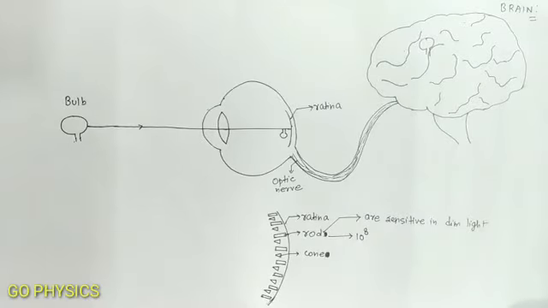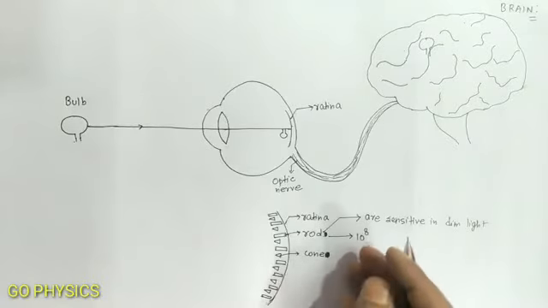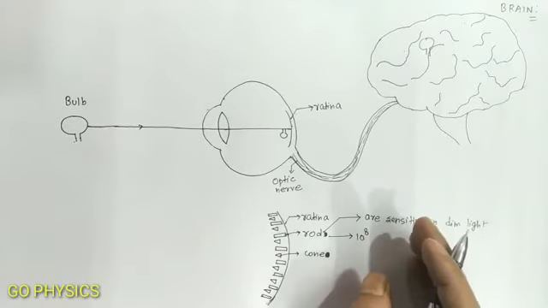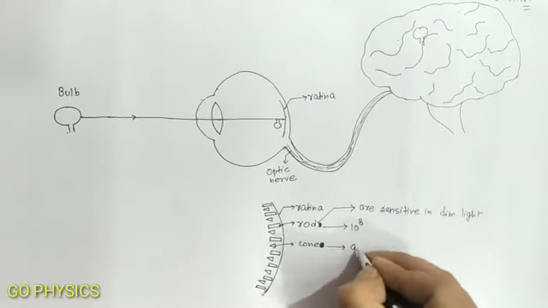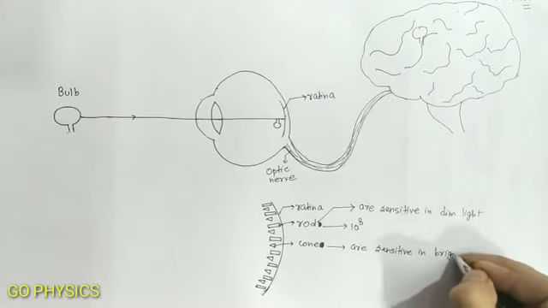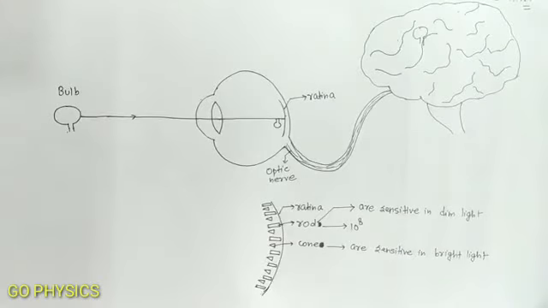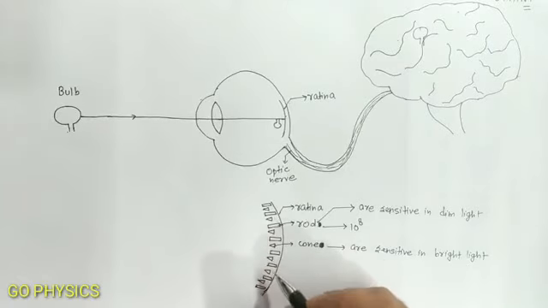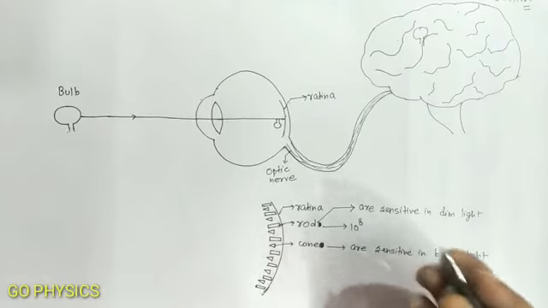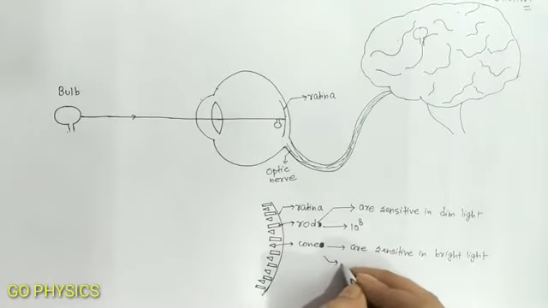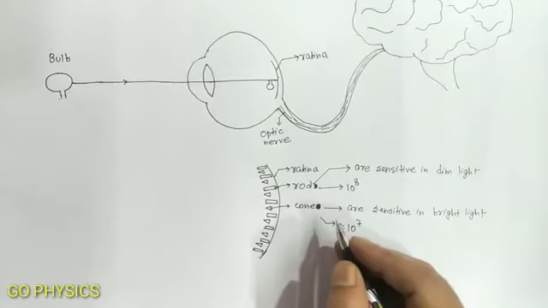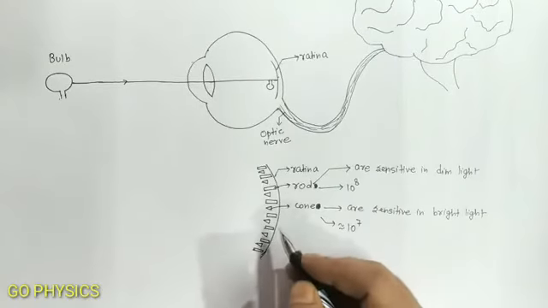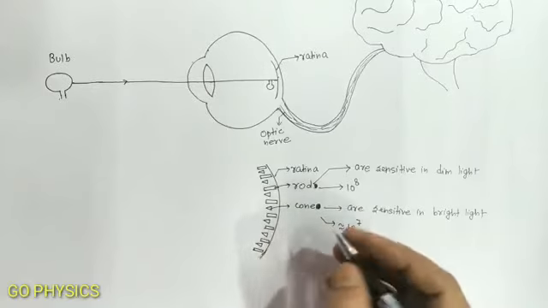Now let us talk about cones. Cones are sensitive in bright light, or when the intensity of light is high. And the number of cones present over the retina is of the order of 10 million. There are three kinds of cones present in our eyes.